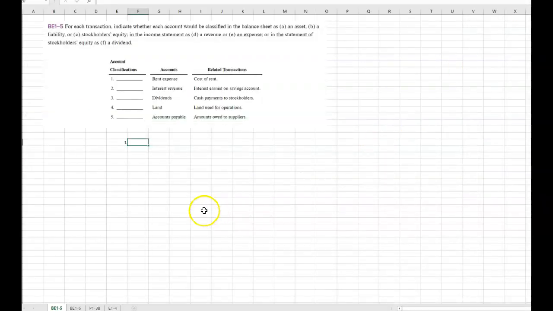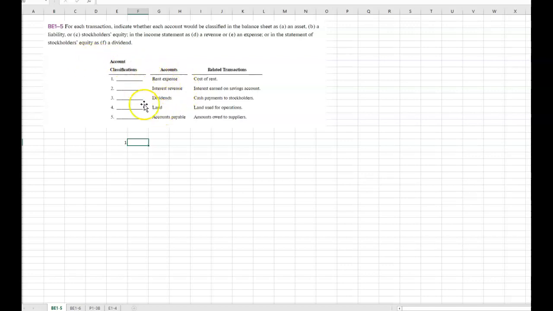Now let's do some examples. Brief exercise 1-5. And these are actually directly out of your textbook. So if you look at the end of the chapters in your textbook, whether you have a paper textbook or an online textbook, an ebook, you'll see at the end of each chapter, there's brief exercises, there's exercises, and there's problems. This is from that area. So brief exercise 1-5.